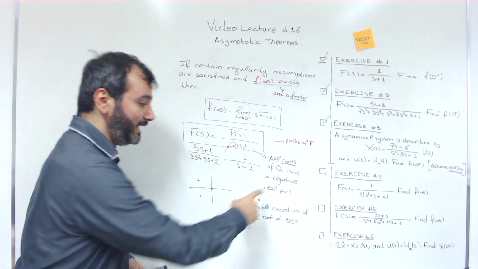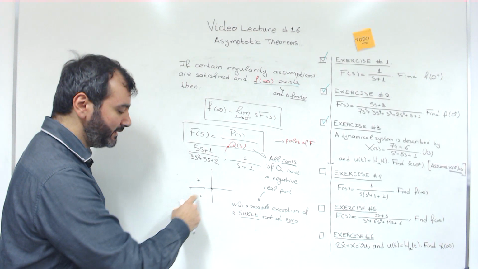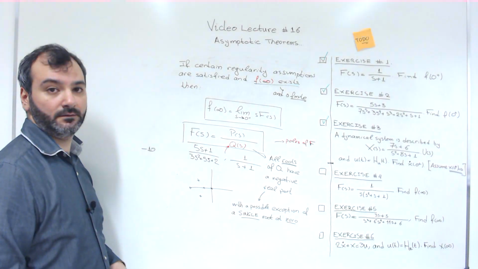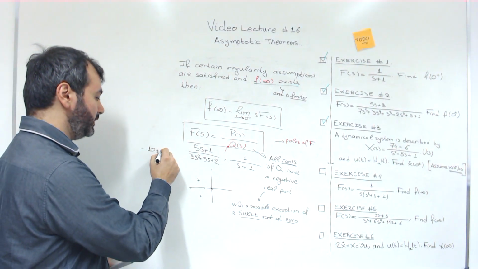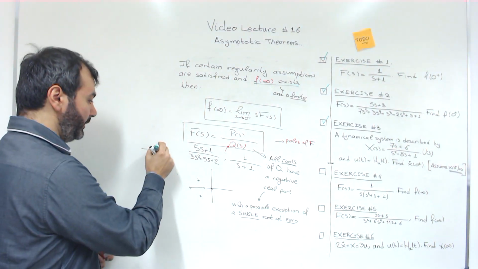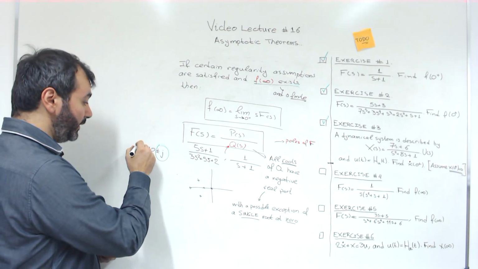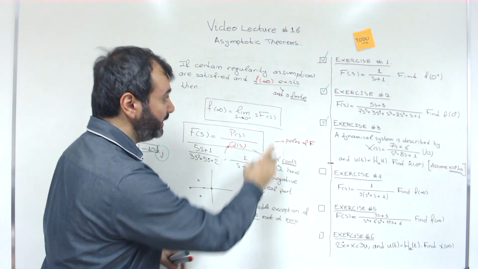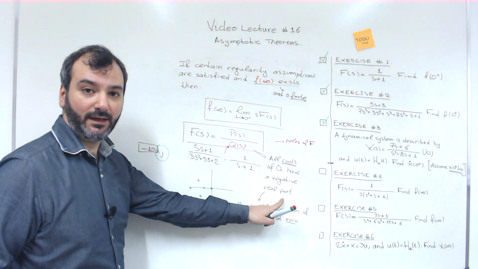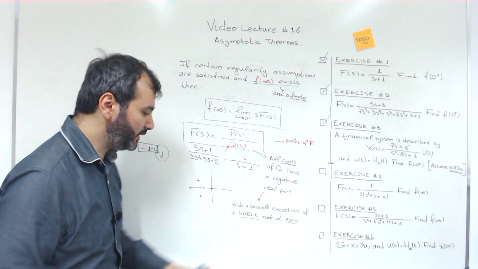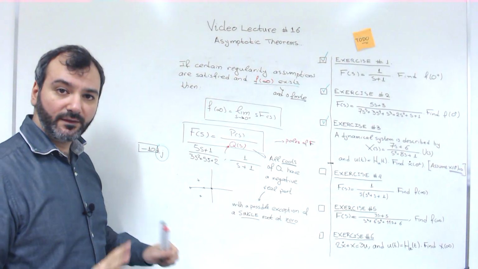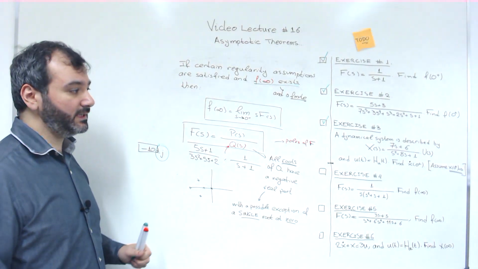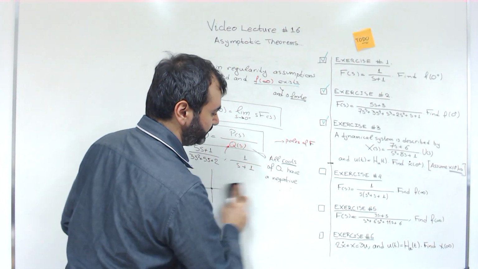If they all have a negative real part, for example, are negative numbers, like minus 10 plus minus j, we don't care about the imaginary part, the real part, this part. If the real part is negative, then the limit exists. If it is like that, and there is an exception, there is one single root at 0, then this is still fine. But I think it's best that we apply the theorem and see how it plays out in practice.